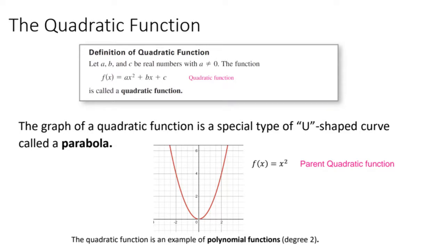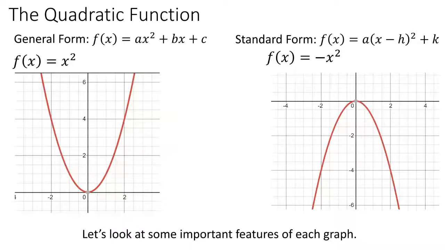It has a vertex at the origin at 0, 0. Again, we know that quadratics are polynomial functions with a degree 2. The degree is the highest exponent number that a polynomial has, and in our case, all quadratic functions are going to have a degree of 2. Okay. All right, so let's look at a little bit of information as far as when graphing.